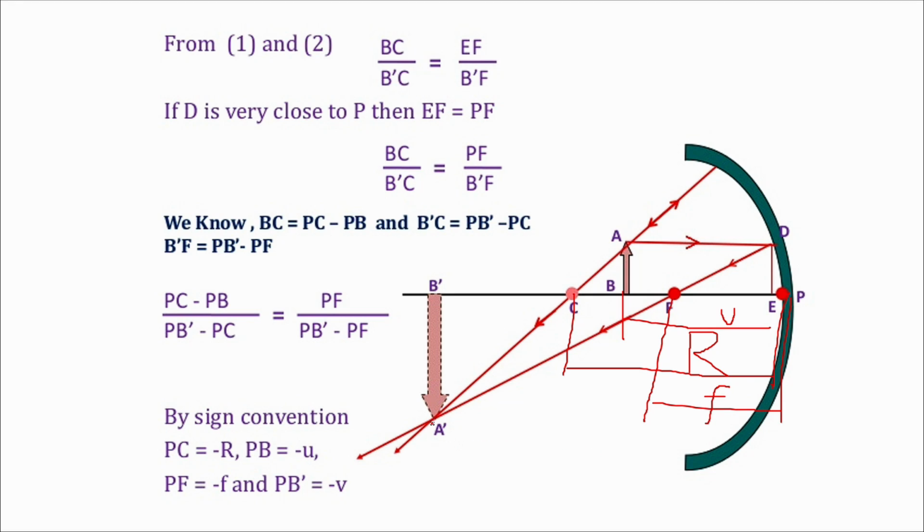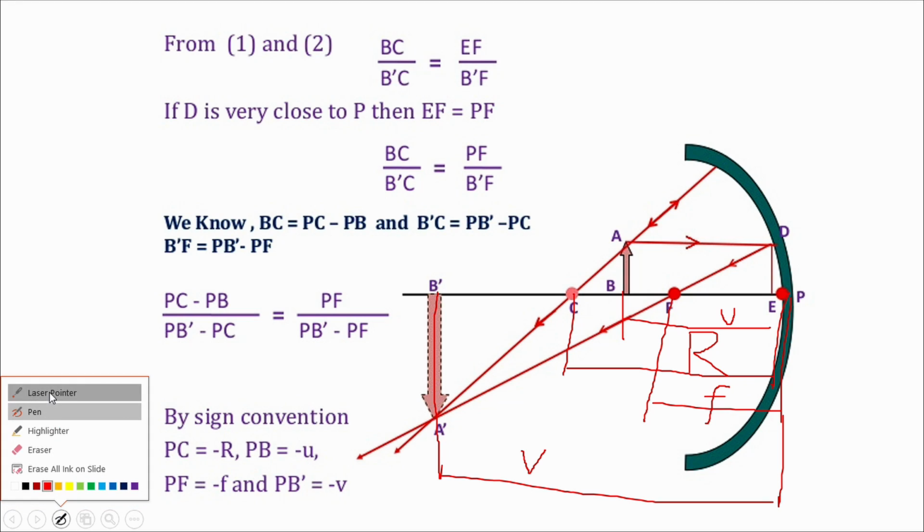Then PB dash, this one. This is V. V means image distance. Why are all negative signs?